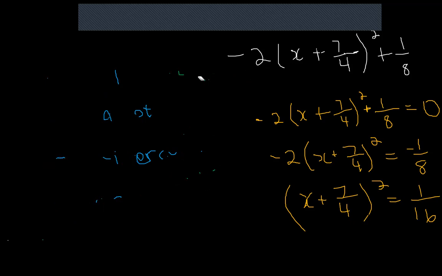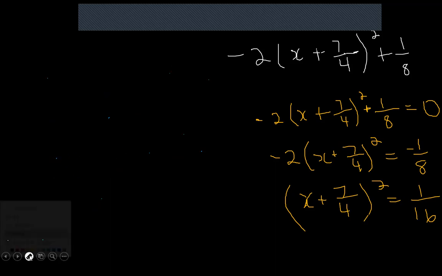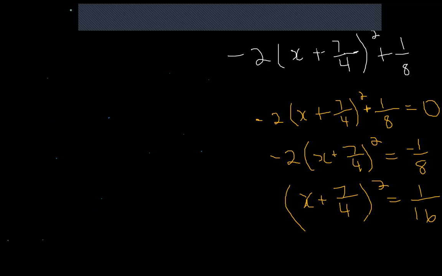So let me ask you something, please, before I explain that. This is not this question, this is just a random example. For example, if I said that 5x plus 3 is equal to minus 2.